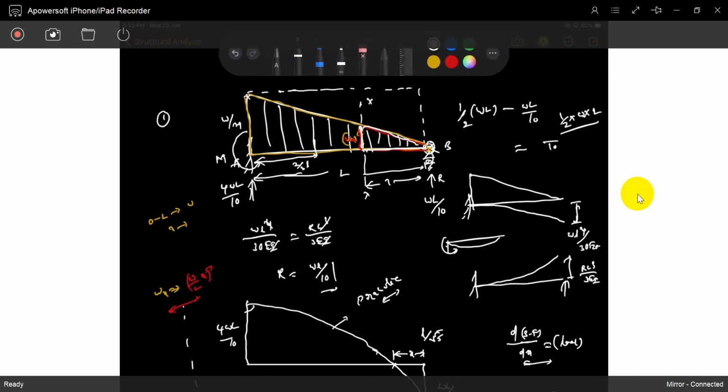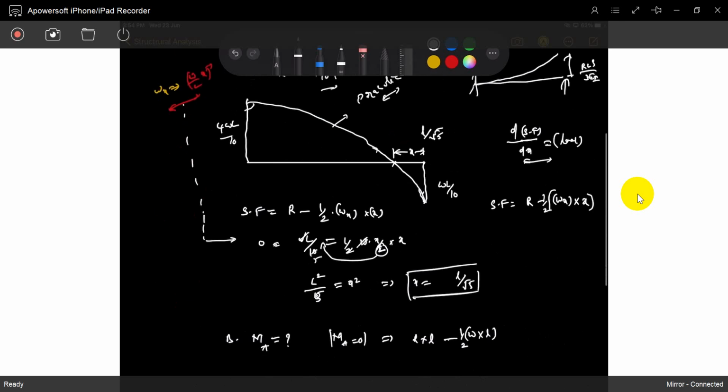And then the triangle center is where? 1 by 3. In this zone there is more load, so the center of gravity automatically shifts to where the maximum load is. So it is 1 by 3, that is where the load is acting.